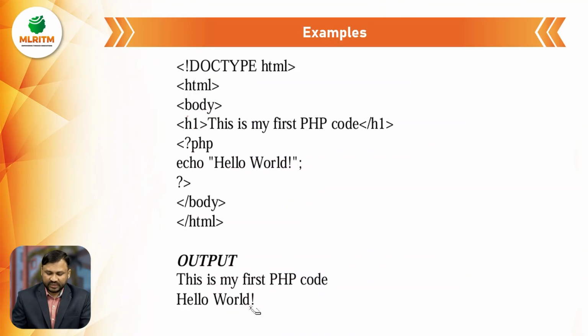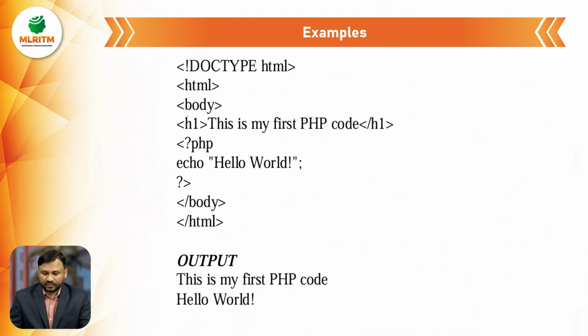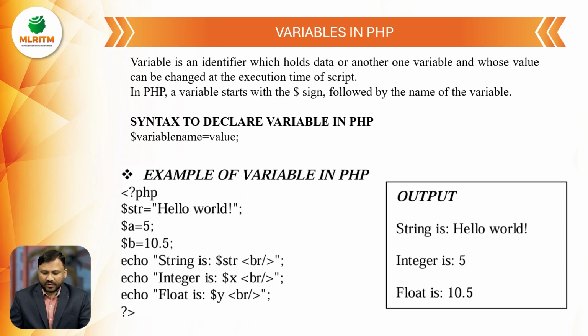Now we'll see the remaining concepts of the PHP, that is, the various rules for declaring variables in the PHP. How are we going to use and initialize variables in the PHP? What is a variable?